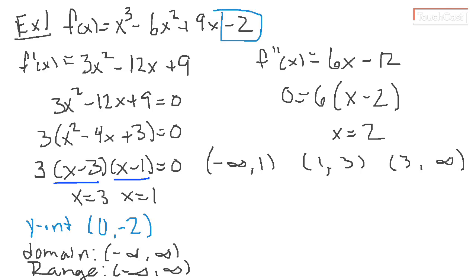I would just test x equals 0, x equals 2, and 4, so we can determine if these intervals are increasing or decreasing. So let's plug these values into our first derivative and see what we get back. If we were to just plug 0 into f prime, we would get 9 back.